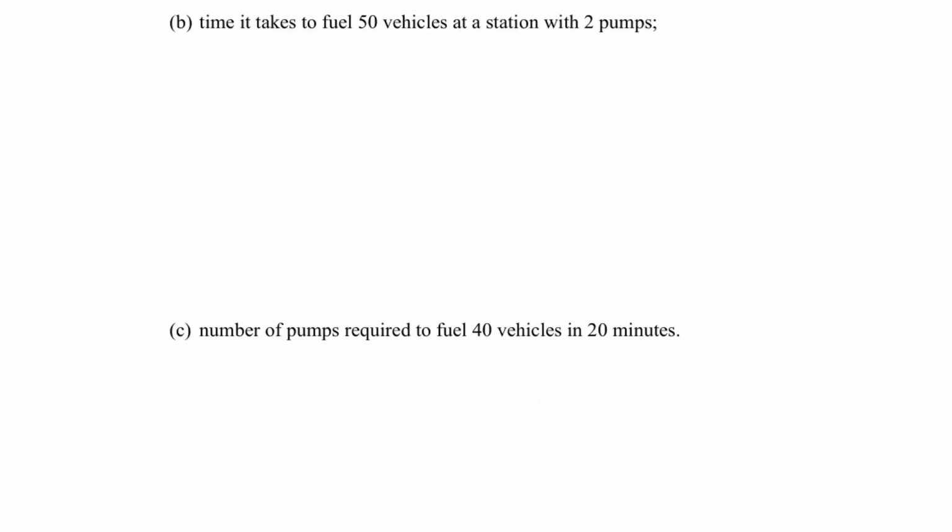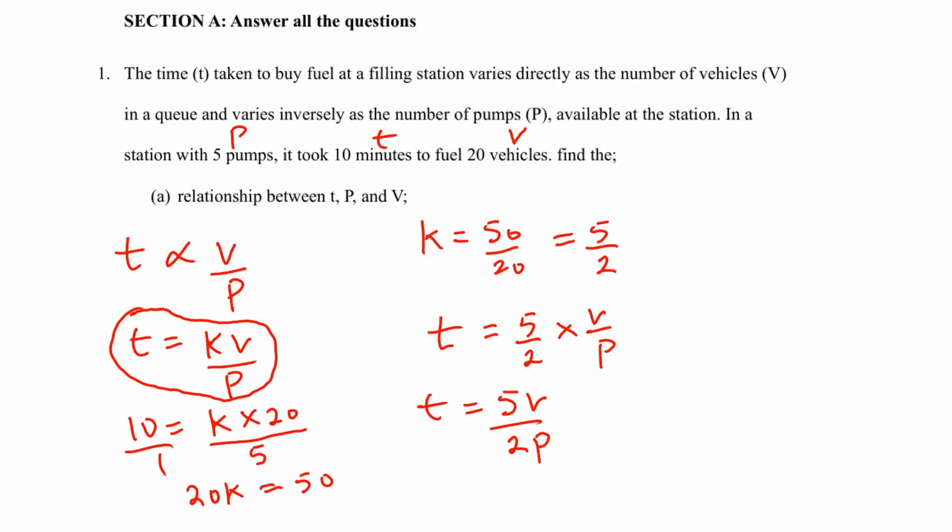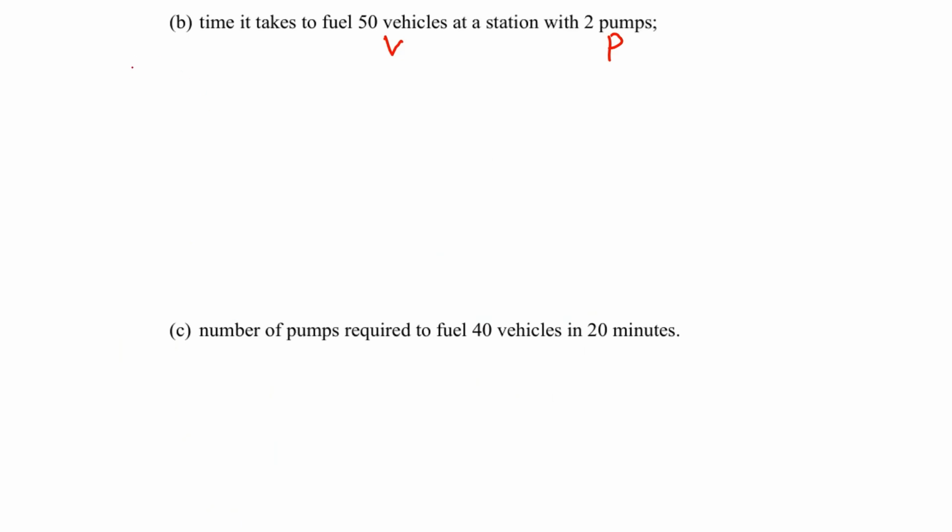Let us look at the B part of the question. It says, find the time it takes to fuel 50 vehicles at a station with 2 pumps. So in this case, our V is 50, while our P is 2. Now let us bring back the relationship we got in A above, which is T equals to 5V over 2P.